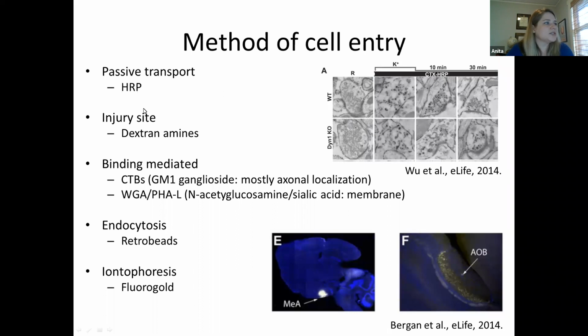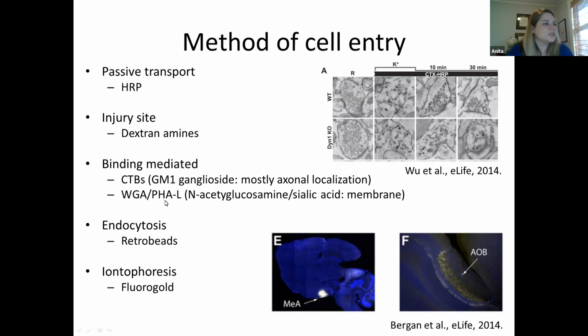Dextran amines seem to enter the cell at an injury site. And then CTBs enter by binding to GM1 ganglioside, and it appears that this is mostly axonally localized. I couldn't find a reference that definitively said that, but because CTBs primarily are retrograde, it appears that that's primarily where they are.